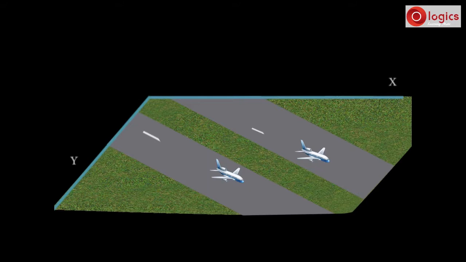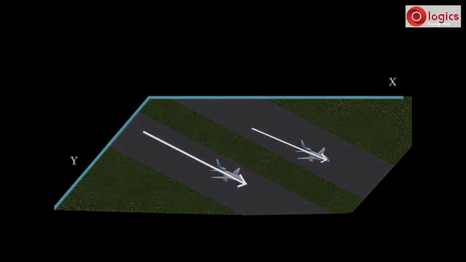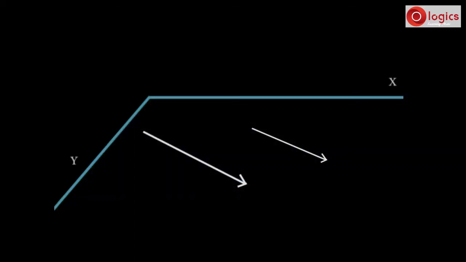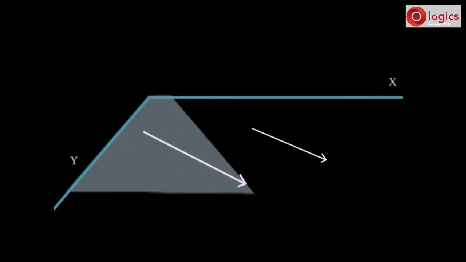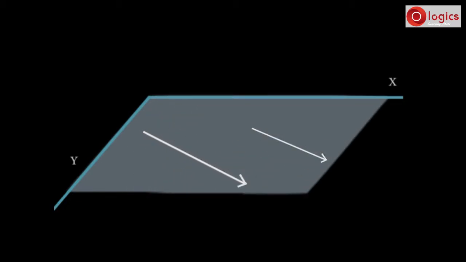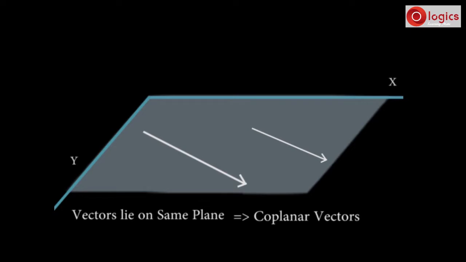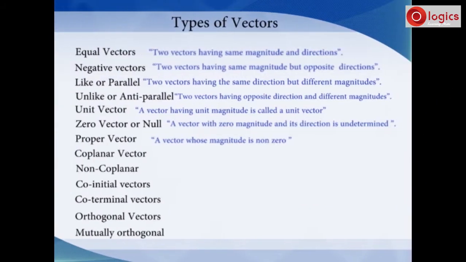And you can represent the movement of these vehicles by these vectors. Observe, all these vectors lie on the same plane. The vectors which lie in the same plane are called coplanar vectors.